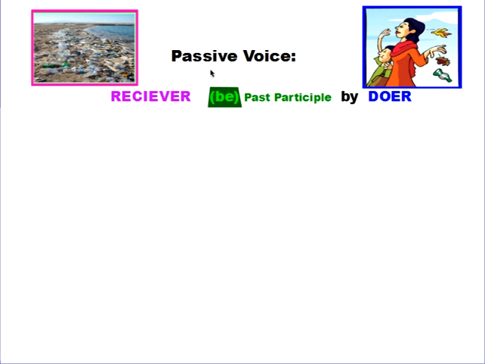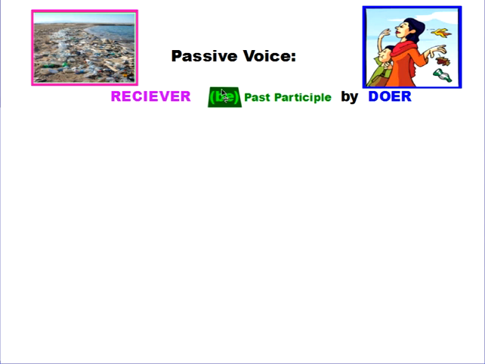So we can use the passive voice in any type of verb tense. The present, the past, the present perfect, and the present perfect continuous. But let's look at the different ways that we do this. So remember, the passive voice begins with the receiver. I use be, and then I use the past participle, and then I use by plus the doer.